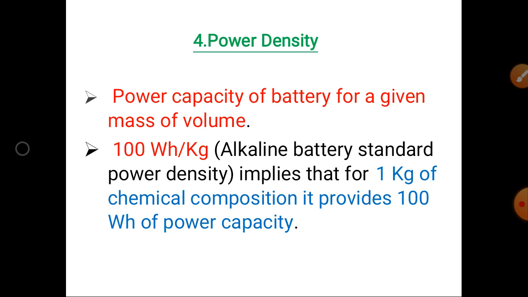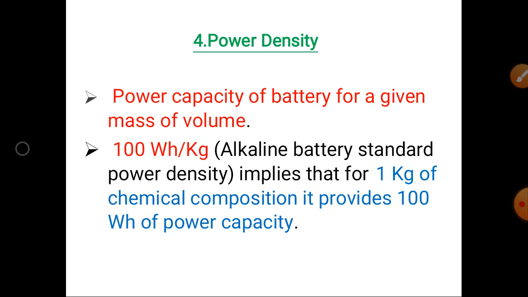If you connect the load outside the battery, then due to the chemical reaction we automatically get electrical energy, so the load will be operated. So here the power density means that for a particular mass of chemical composition, we get a certain power from the battery. The power density is the power capacity of the battery for a given mass or volume, right?